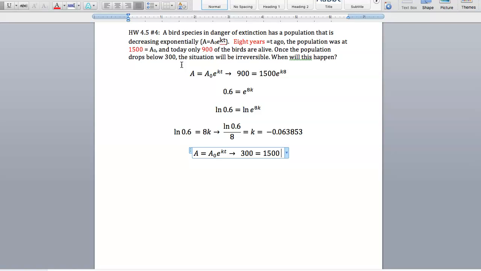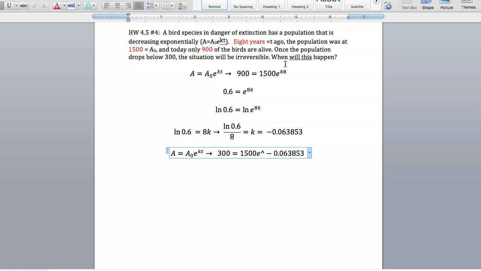And then I'm going to have e to the, well, this time I know k, negative 0.063853. There's k. The question I'm trying to answer now is when. Well, when is a short way of saying at what time.